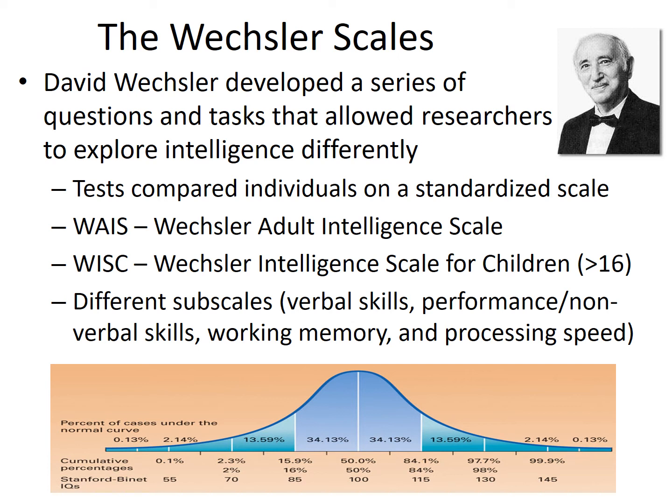And through these different subscales, he was able to not only determine a person's overall level of intelligence, but also pinpoint somebody's performance on these subscales in comparison to others, just at the skill itself. So you could get an IQ score for your working memory, not just your overall intelligence.